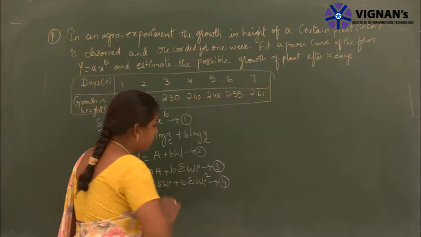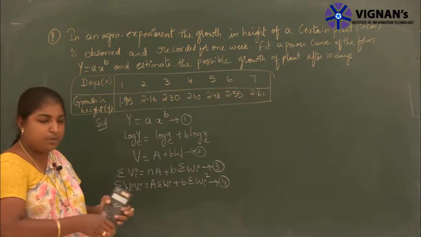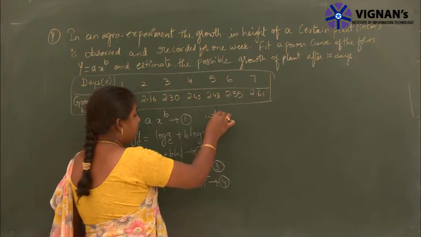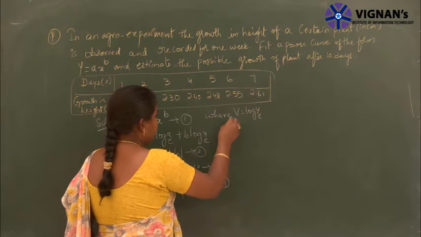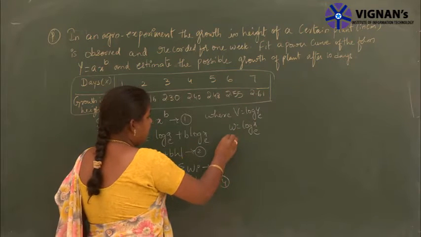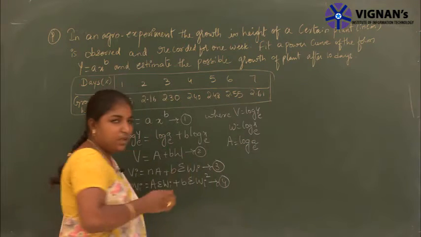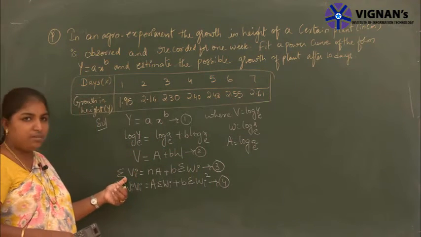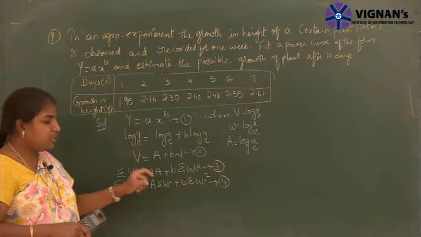This is equation 4. See here we are taking v equal to a plus b w, where v is equal to log y base e, w equal to log x base e, a equal to log a base e. So here also summation vi means summation log y base e, same as it is we are taking.